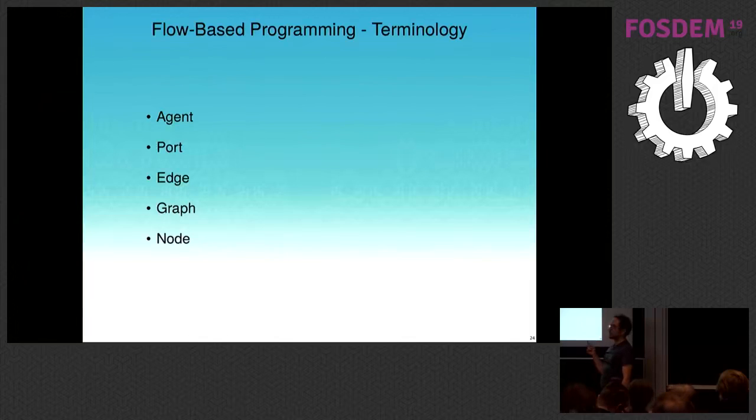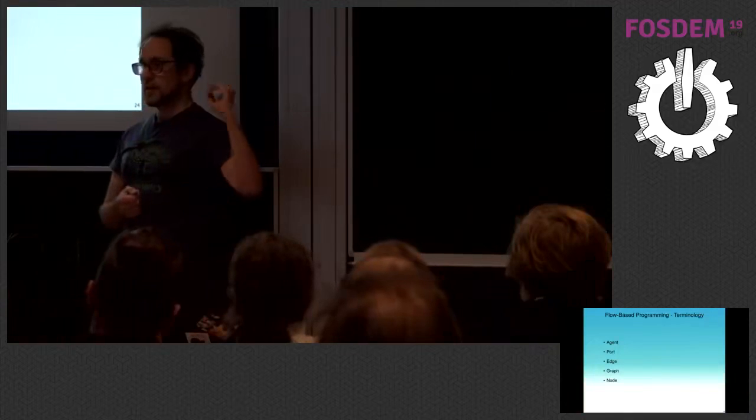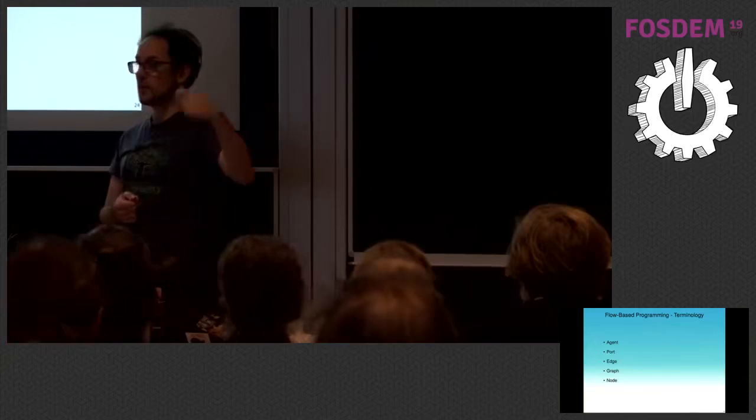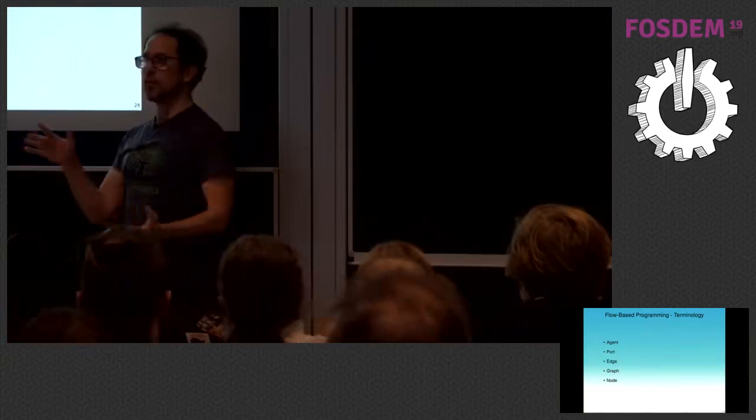A typical example is you have an agent that calls itself concatenate. It listens on the first port until the data ends, and then it starts listening to the second port. Now, if the thing that produces data for the second port keeps running while the concatenation is not listening, you have to store all that data somewhere.